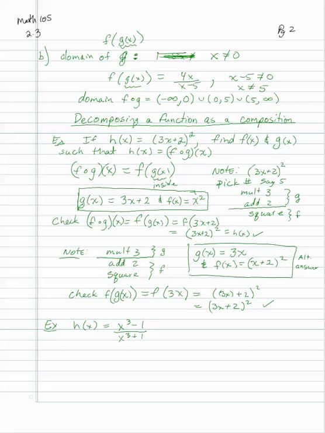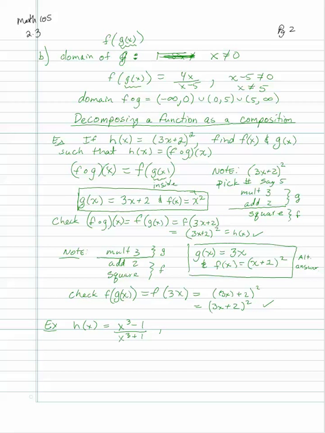Alright, let's look at one more example of that. I noticed this one. The technique that I showed you above may not work too well for this one. I mean, it could, but the thing that I would notice is both the top and the bottom of this rational function has an x cubed.